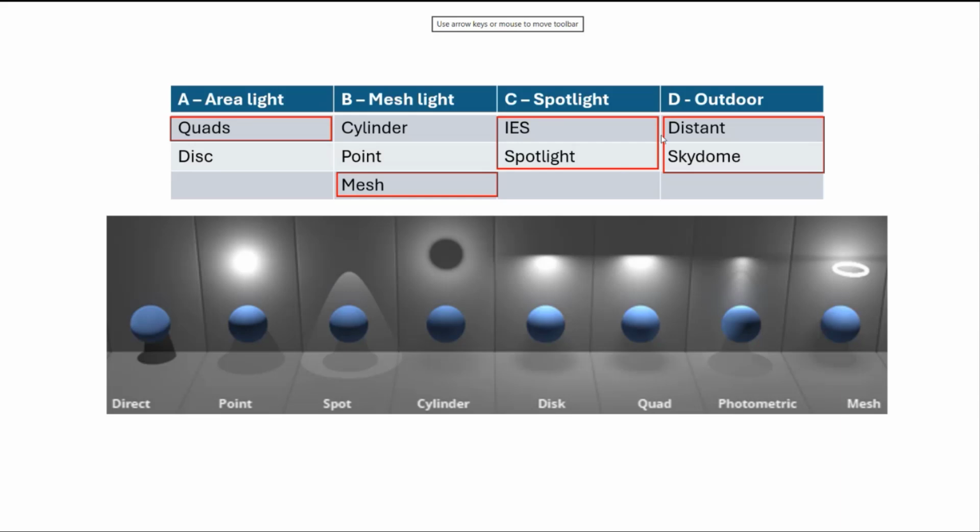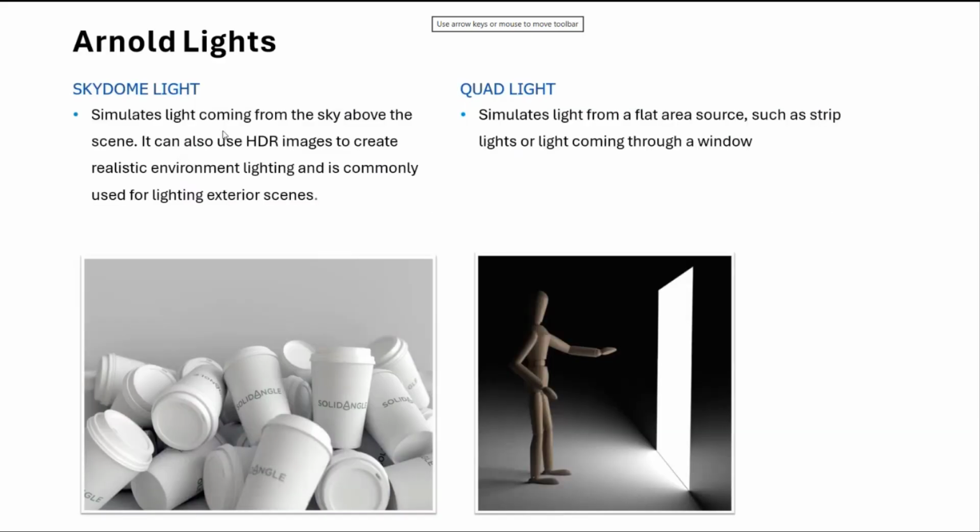The lights inside Arnold include the sky dome, spotlight, quad, mesh, and a portal light. We use this kind of light to do cinematic rendering.